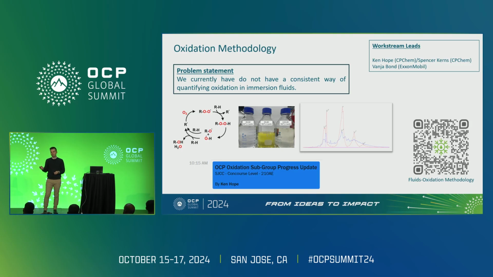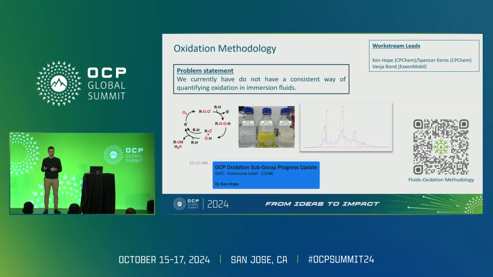We've also got Spencer Kearns, who'll be taking over the leadership from Ken, and Vanya Bond, who'll be leading this. And that touches on really what is oxidation in the first place, how does it happen? What's really interesting as well is looking at the other standards that are available today, seeing which ones might be applicable, which ones less applicable.